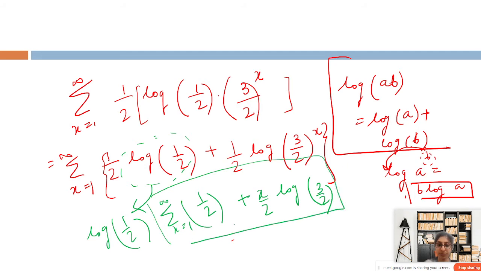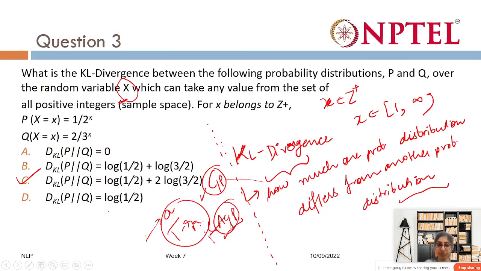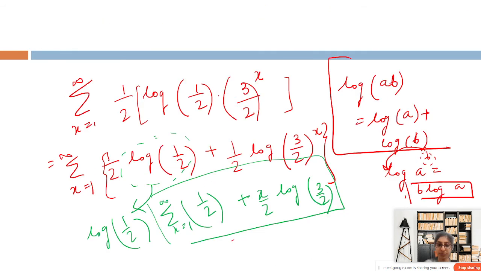And here what you will do, x equals 1 till infinity, log you took outside 1 by 2.